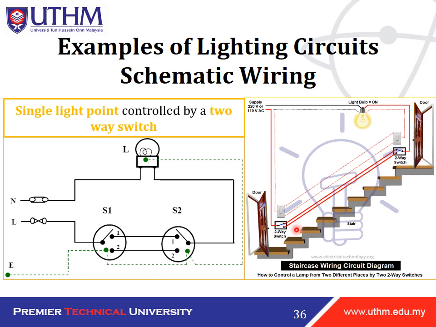For example, we have one light bulb here and we use two-way switches. Before we go to the first floor, at the ground floor we turn on the light bulb, and when we arrive at the first floor, we turn off the light bulb using the second switch.